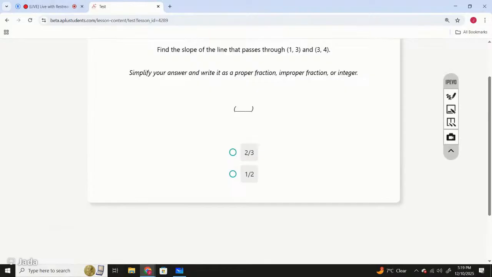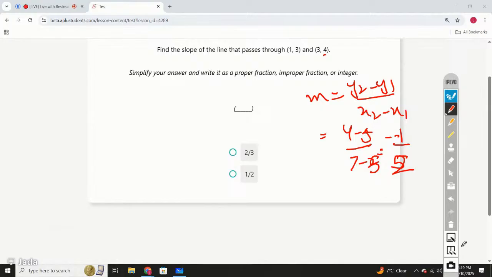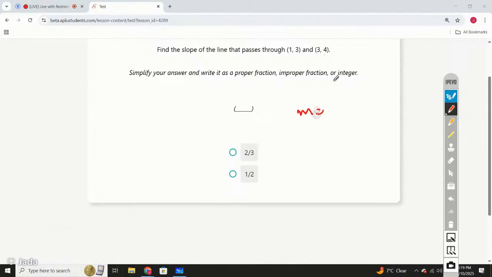Find the slope of the line that passes through the points (1, 3) and (3, 4). So change in y divided by change in x, we need to calculate the slope. That equals 4 minus 3 divided by 3 minus 1. 4 minus 3 is 1, 1 over 2 it is.